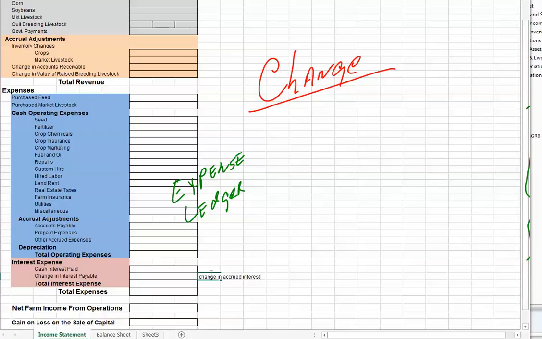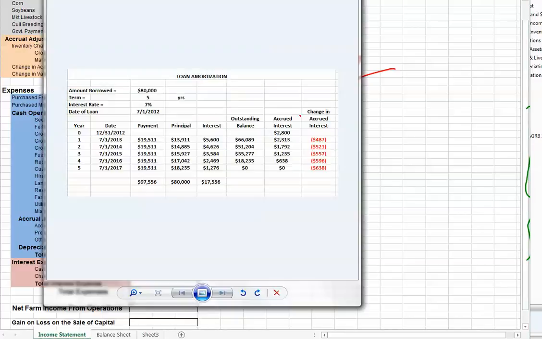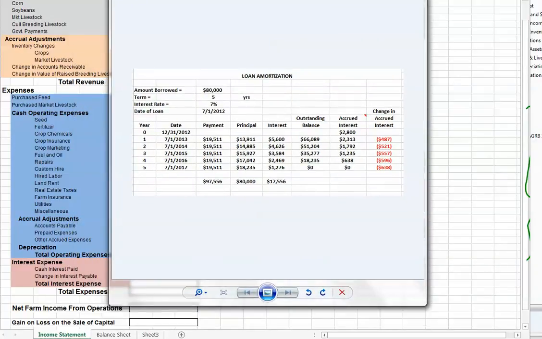In order to get this information, you must go to the amortization schedule of all the different loans on the farm. So remember, an amortization schedule looked like this. And you would have one of these for every single term loan on the farm. So if you were at this income statement, let's just say this income statement for a moment was 2015.